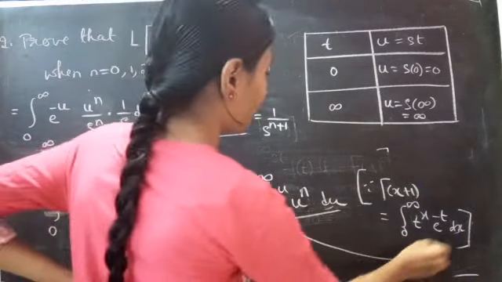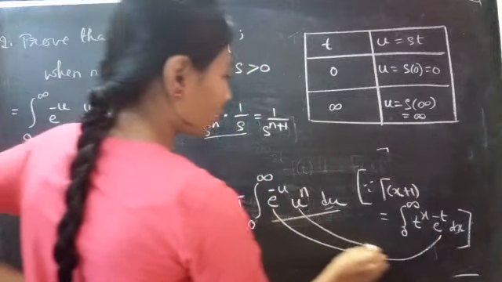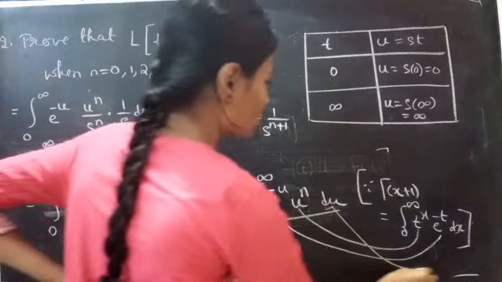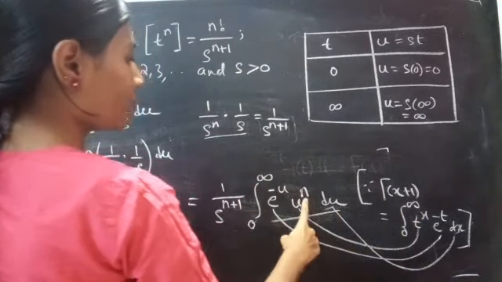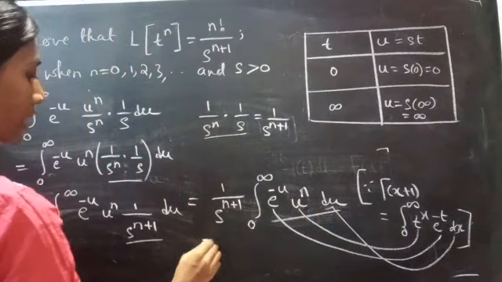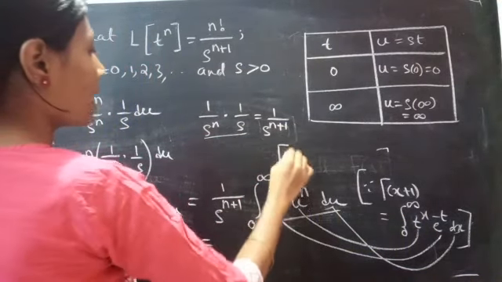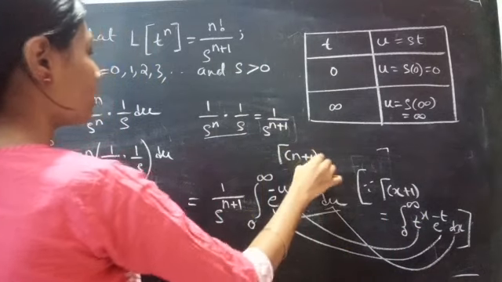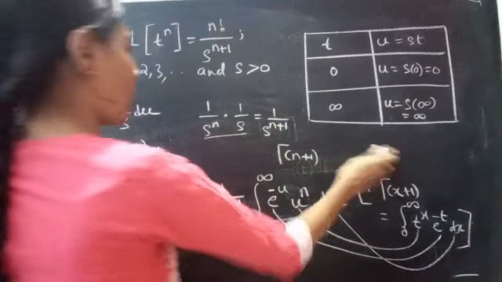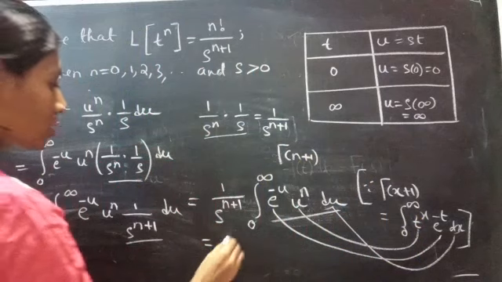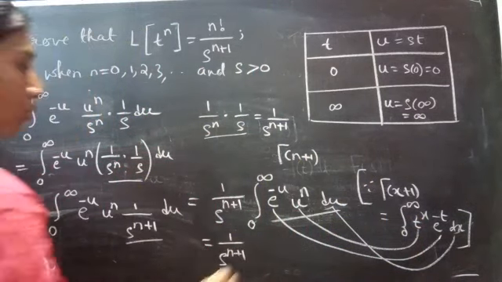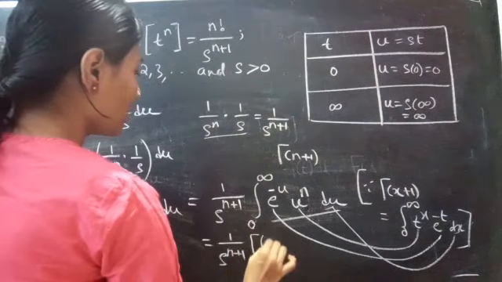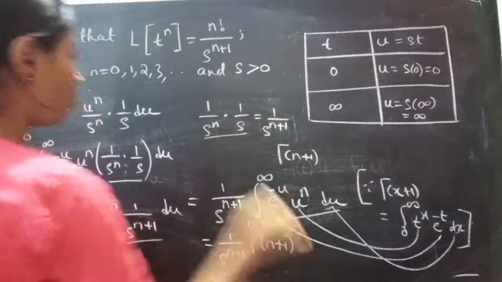Just compare it. Okay, since in the place of x you're having n, so you can replace it with gamma n plus 1 by the definition of gamma function. So this equals 1 by s power n plus 1 into gamma n plus 1.